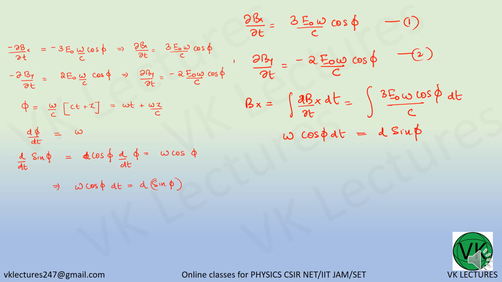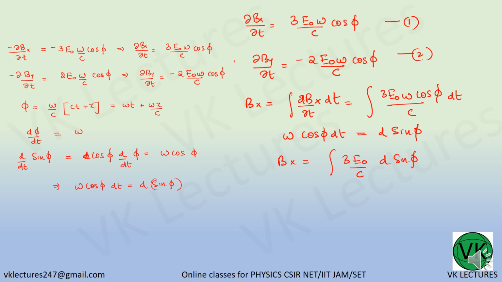So replace this omega cos phi dt with that. So Bx will be equal to integral 3 E naught by c, omega cos phi dt is d sin phi.